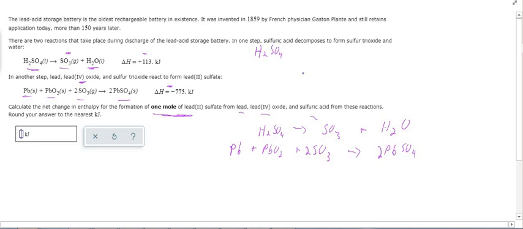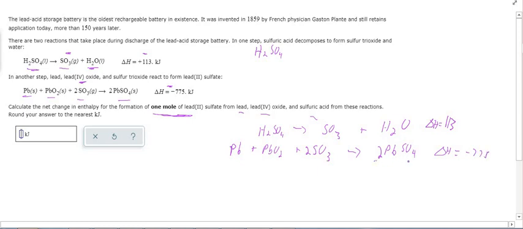Okay, so notice how it asks for 1 mole of lead 2 sulfate. So we know to get 1 mole we have to divide everything through by 2, including the heats of reaction. If I'm going to change that equation, that's 113, the delta H equals a positive 113. Delta H down here equals a negative 775.